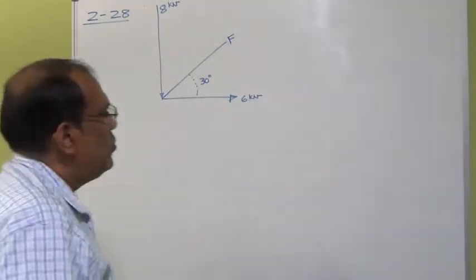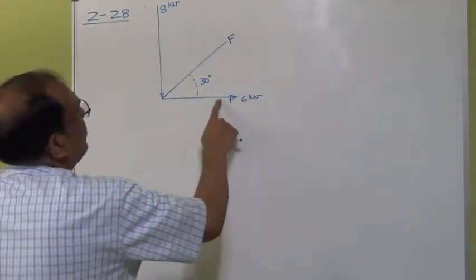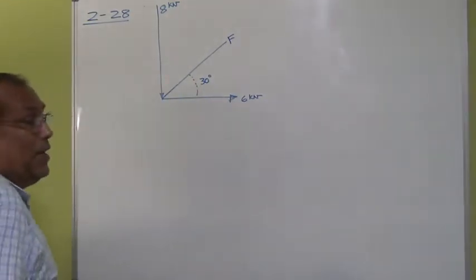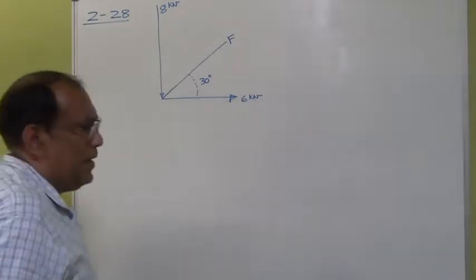Okay? So to do that, first of all, I'll try to find out the resultant of these two forces first, because I already know the resultant of these two forces. Okay?